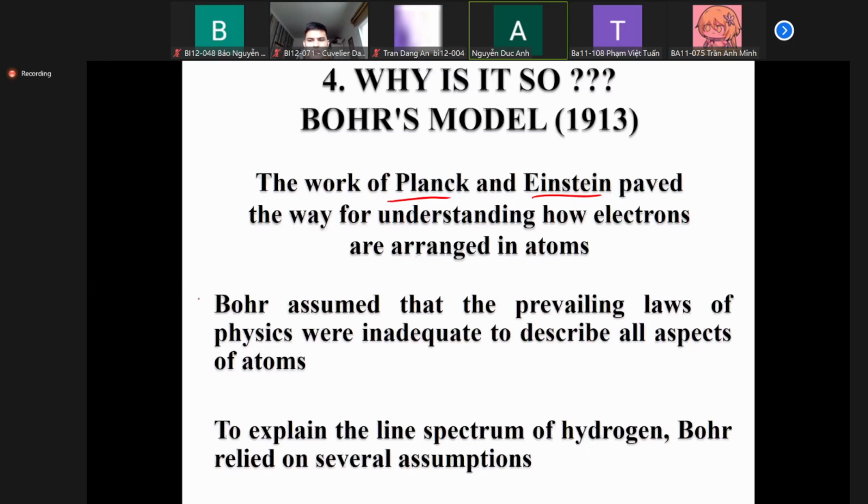Bohr assumed the prevailing laws of physics are inadequate to describe all the aspects of atoms. Like the law of Newton, it's not very clear for the case of atoms.